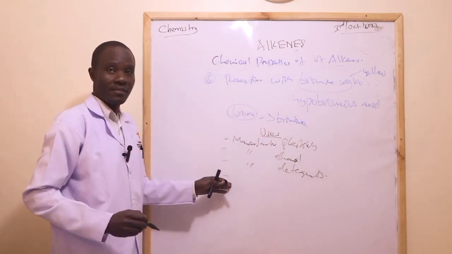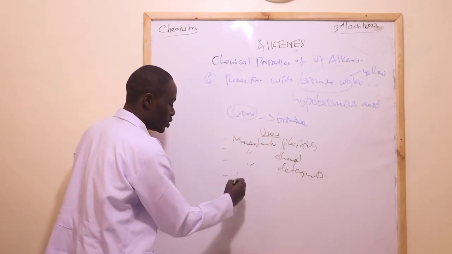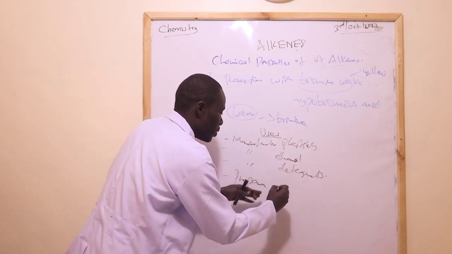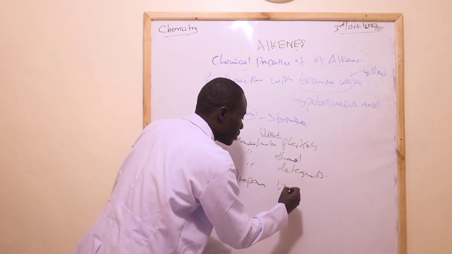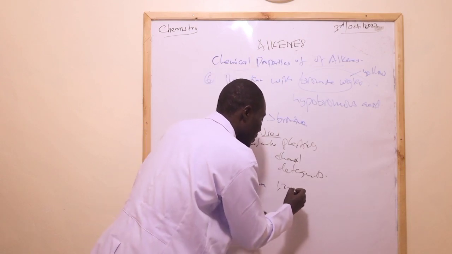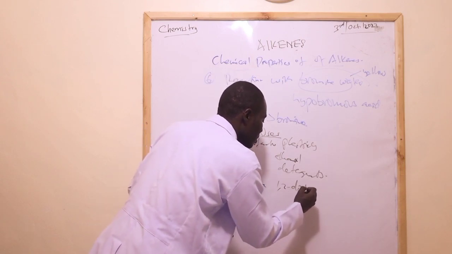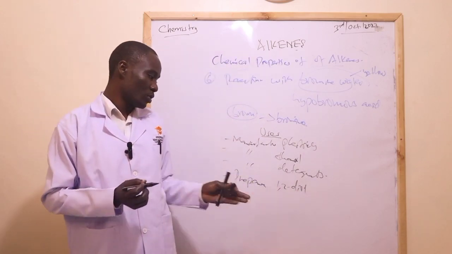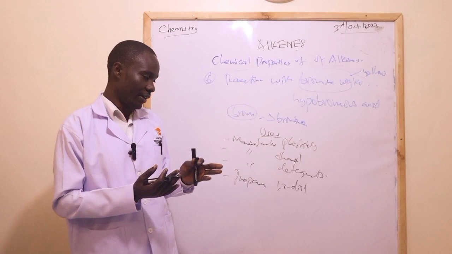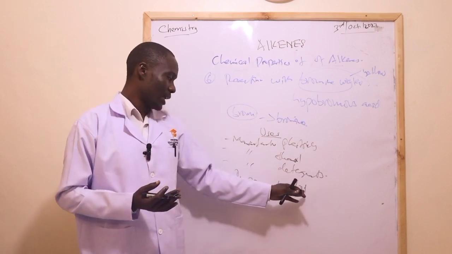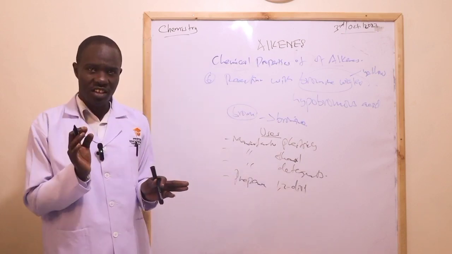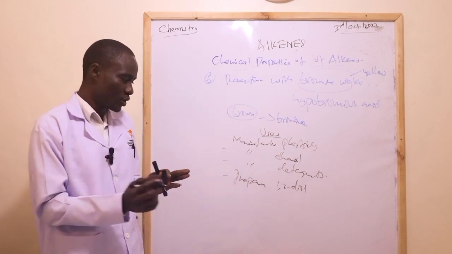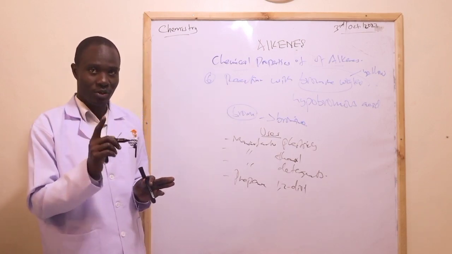And number three, they are used to prepare 1,2-diol, which is used as a propellant in machines and also used to prevent knocking of machine engines. And lastly, we have ethene. Ethene specifically is used in ripening of fruits.